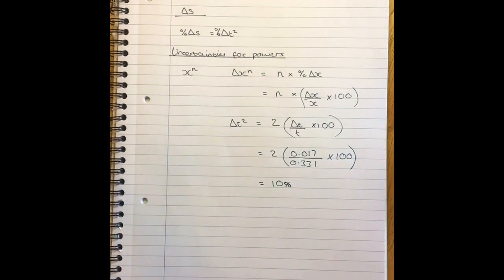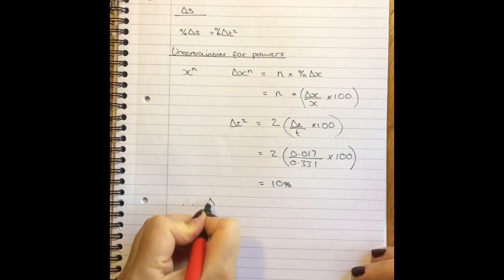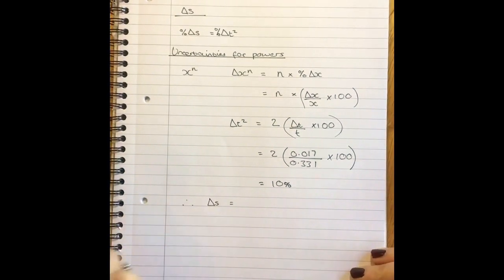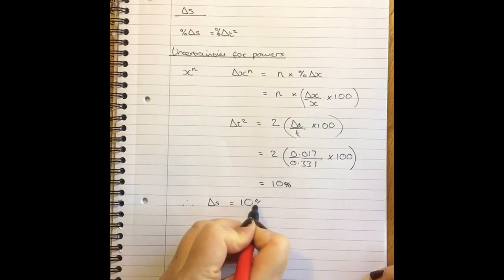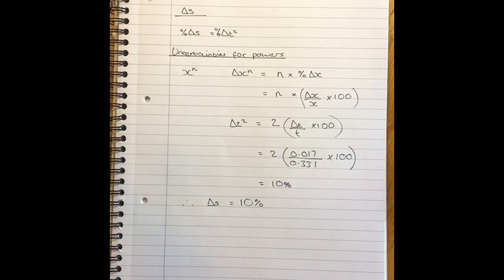And of course, I actually do want my uncertainties to be quite large here because I know my value is pretty wrong. So my uncertainty in t squared is 10%. Therefore, my uncertainty in S is 10%. And so all I want to do now is turn that back into an absolute.